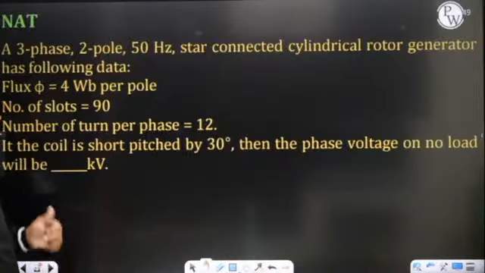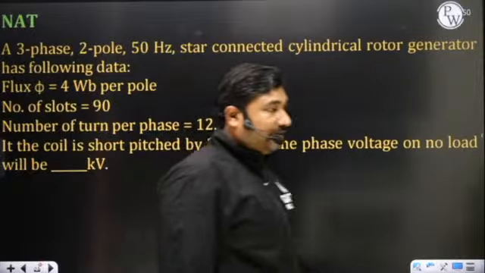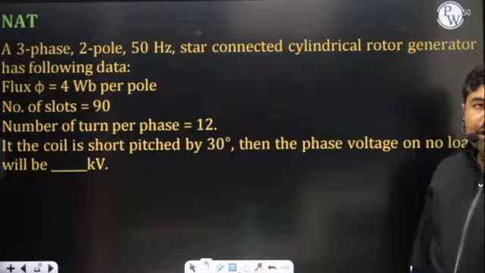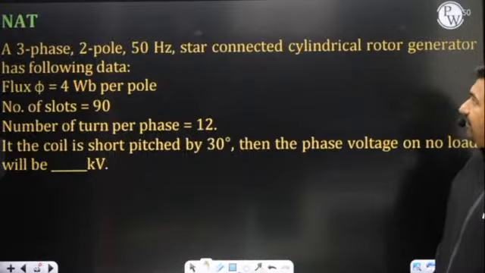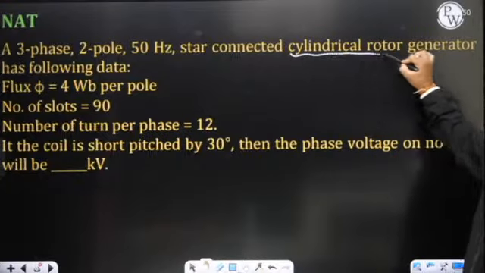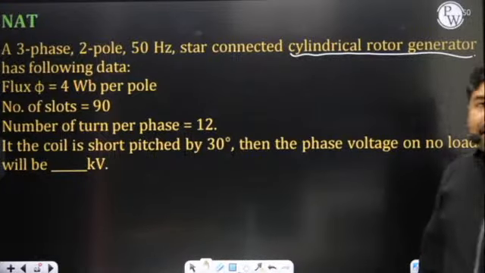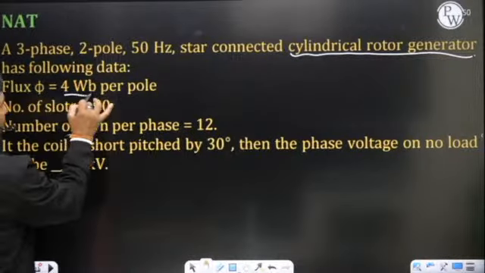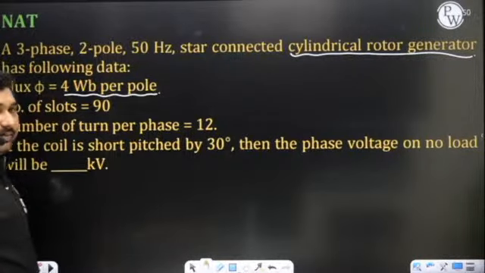Now please observe here. Next question, very important. A 3-phase, 2-pole, 50 Hertz star connected cylindrical rotor generator has the following data. Flux per pole is given to you as 4 Weber per pole.